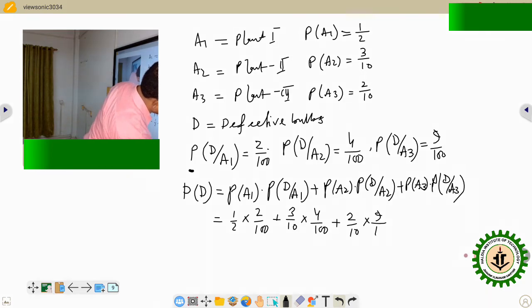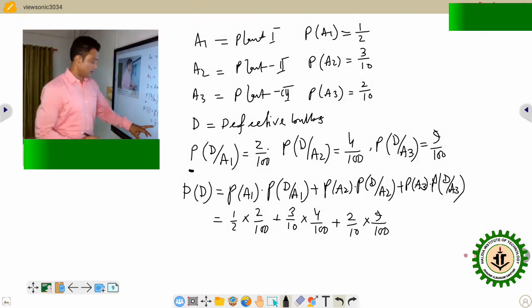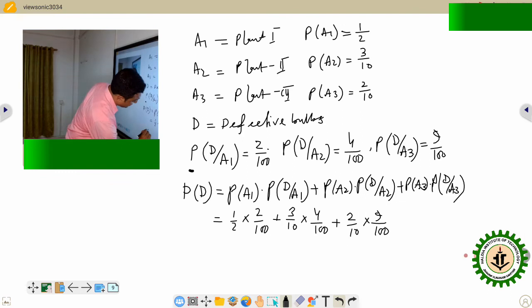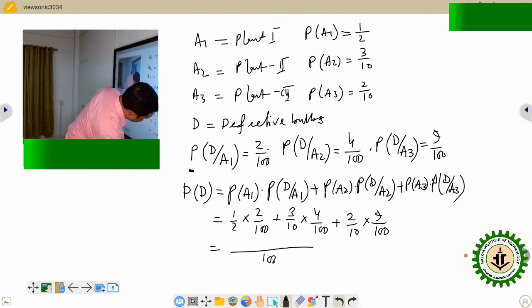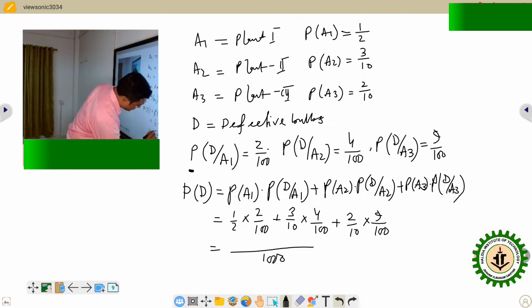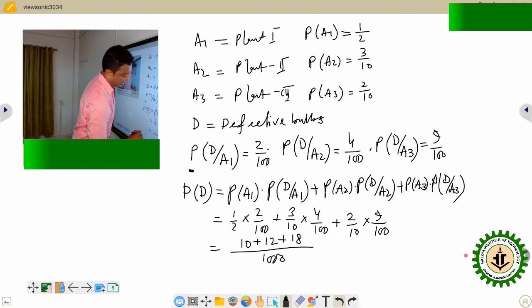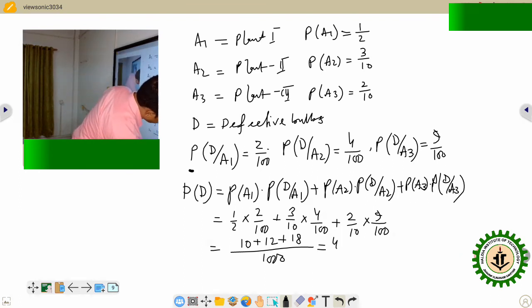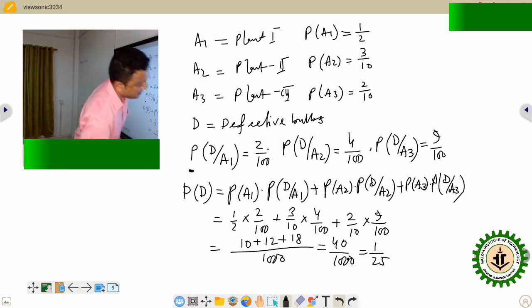If we take 10 as a multiple, then the denominator is 1000. So 5 into 2 is 10, plus 3 into 4 is 12, plus 2 into 9 is 18. That is 40 divided by 1000. So it is 1/25. This is the total probability.